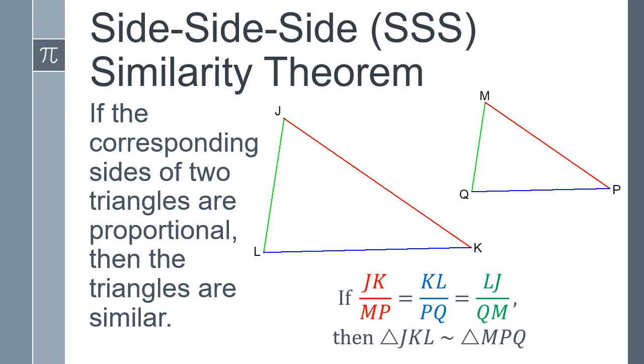So again, side similarity theorem. If the corresponding sides of two triangles are proportional, then the triangles are similar. So in our diagram here, if JK to MP equals KL to PQ equals LJ to QM, then triangle JKL is similar to triangle MPQ.